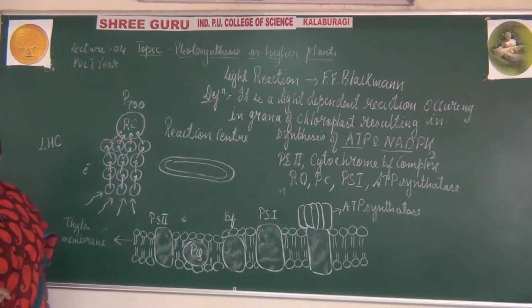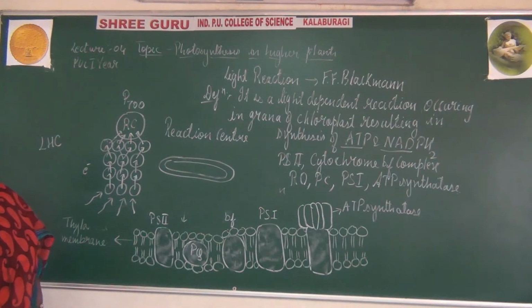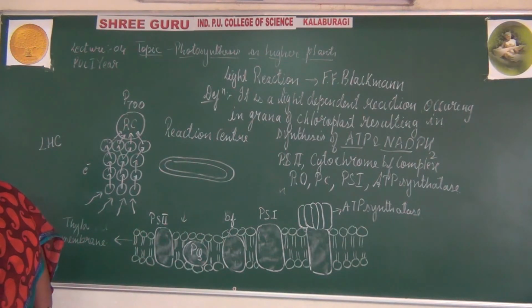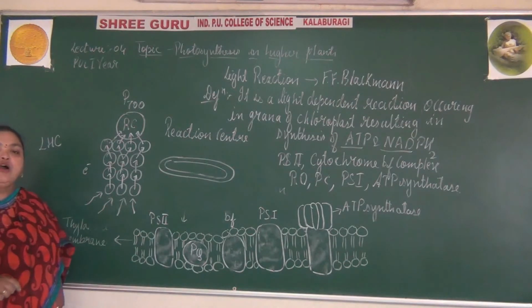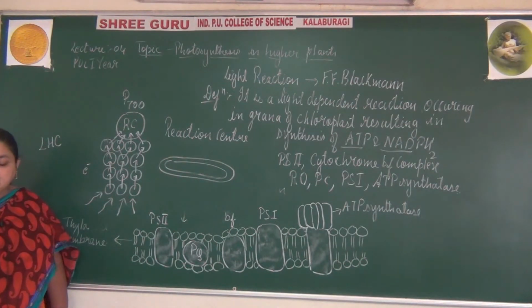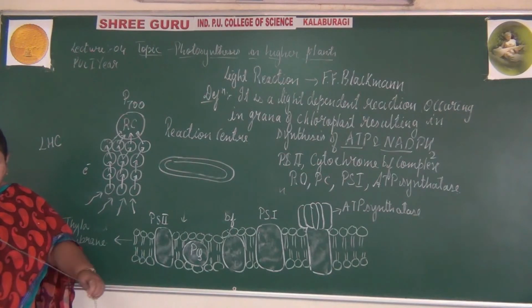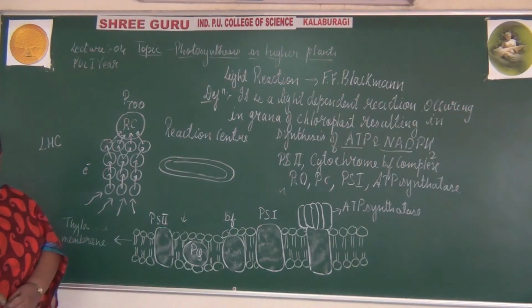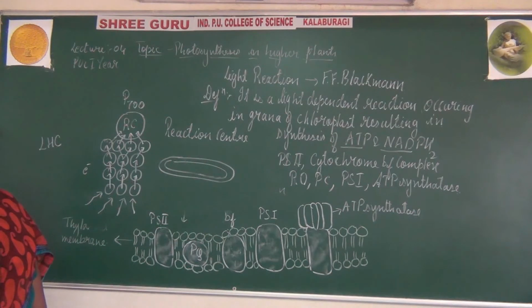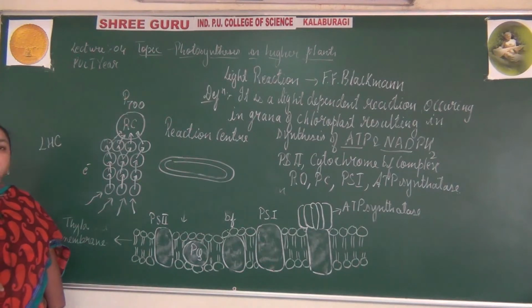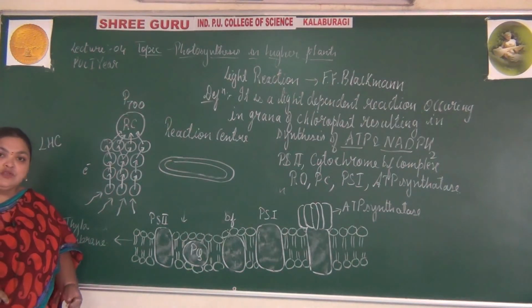So we can say the photosystems are the functional and structural units of protein complexes which are involved in photosynthesis and are present in the thylakoid membrane. So what are photosystems?